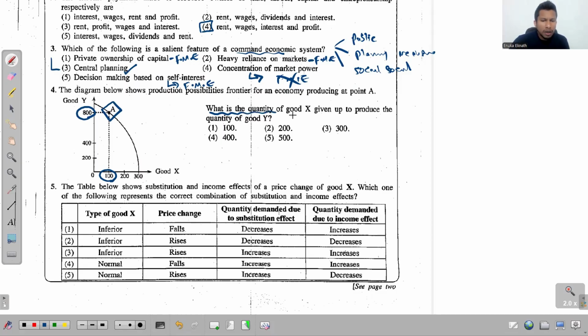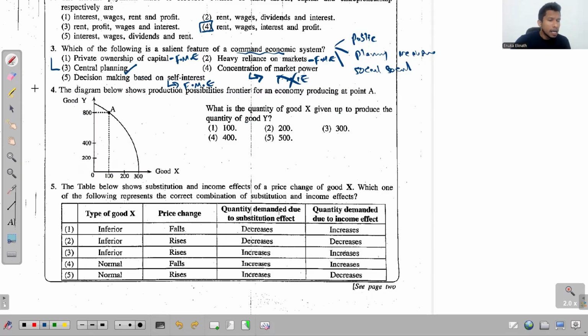What is the quantity of good X given up to produce the quantity of good Y? As we saw earlier, right now the economy is producing 800 units of good Y and just 100 units of good X. Now the question asks us to recognize the quantity of good X that is given up to produce the given quantity of good Y.